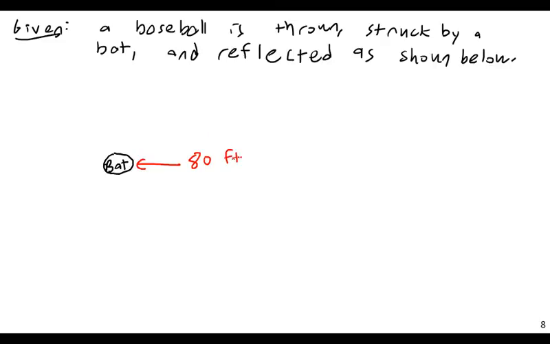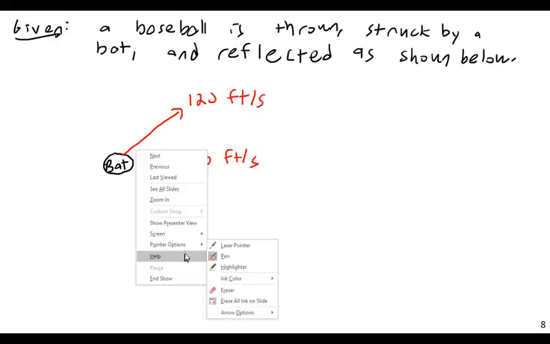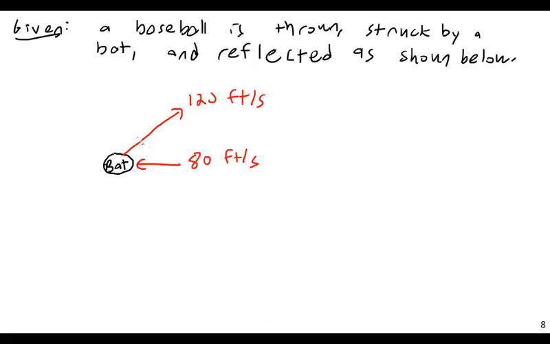So 80 feet per second, and then ricocheting, maybe that's a better word than reflecting, 120 feet per second, but also at an angle, and this angle is going to be 40 degrees. And we'll need one other piece of information. We'll also need to know that the weight of the ball is 4 ounces, just 4 ounces.